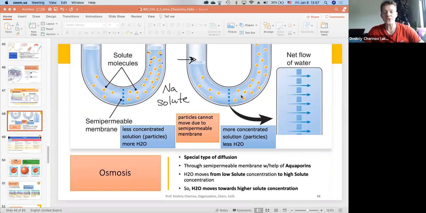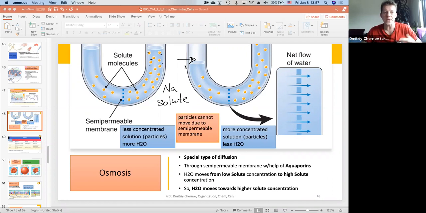How can we apply this to the human body? Let's say your diet is high in sodium: water will always follow sodium. If you are consuming a lot of sodium, your body will keep more sodium.